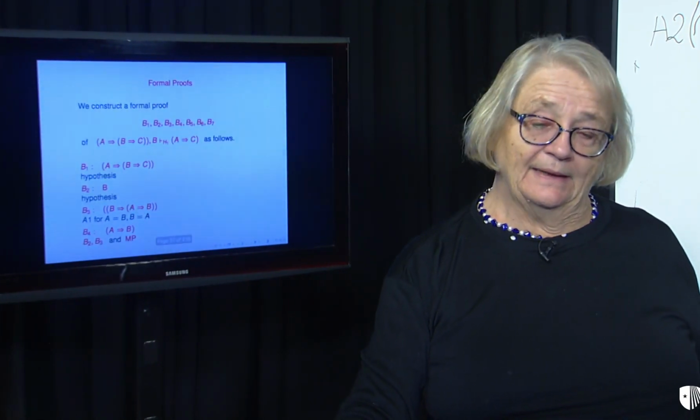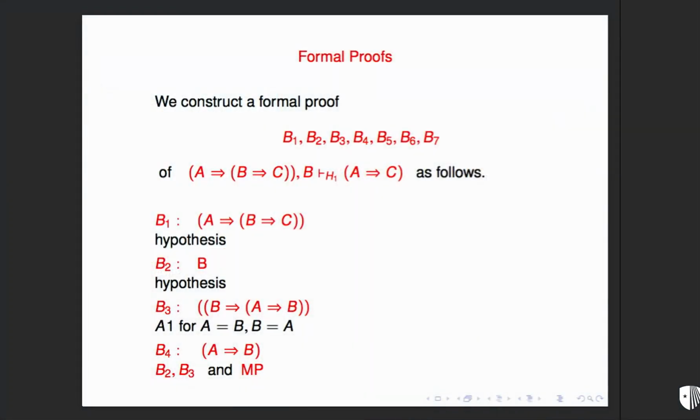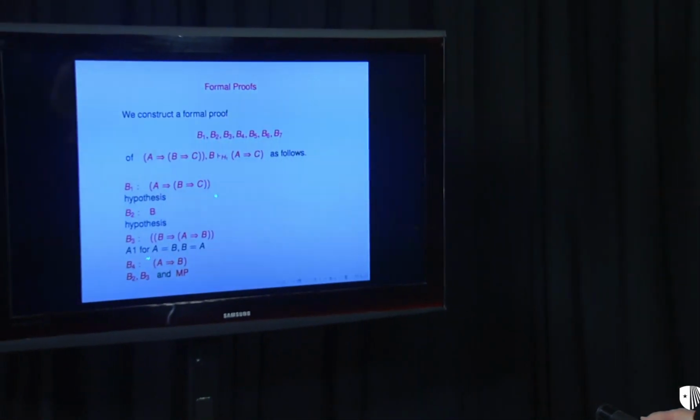Okay, so that's another proof. It's a little bit more complex if you want to prove A, B, C. This is lemma B. I also change that B from here goes here, and I take this as hypothesis.